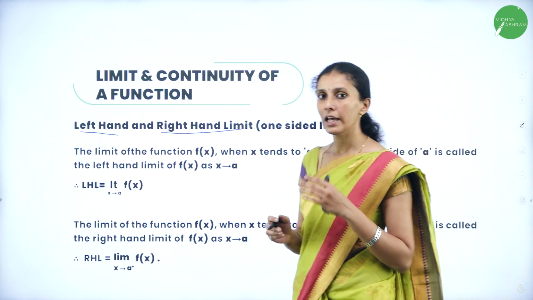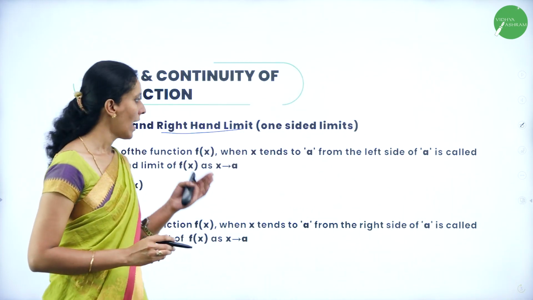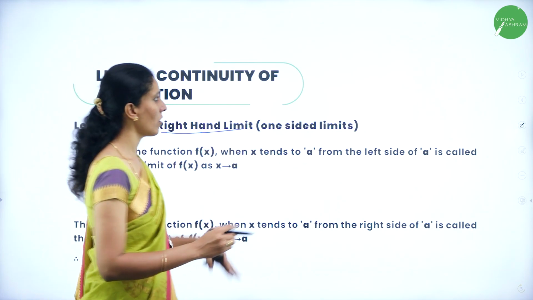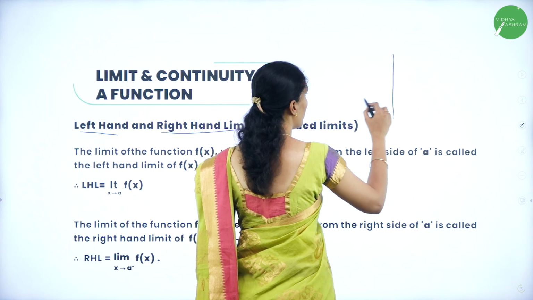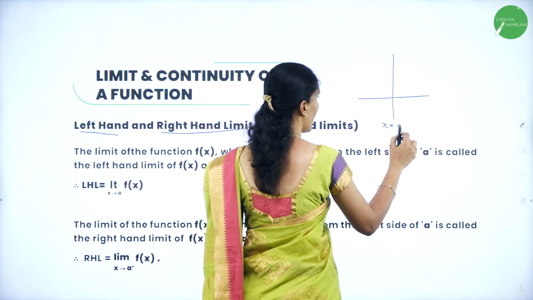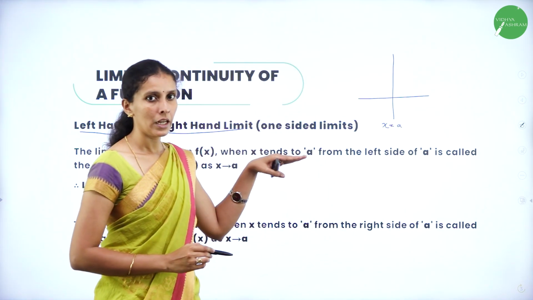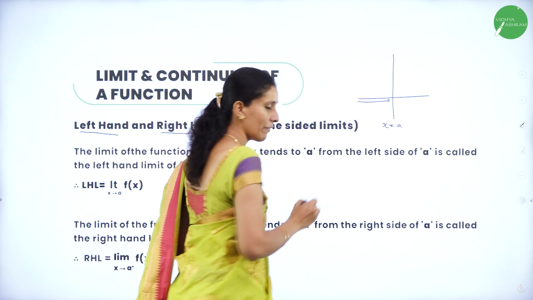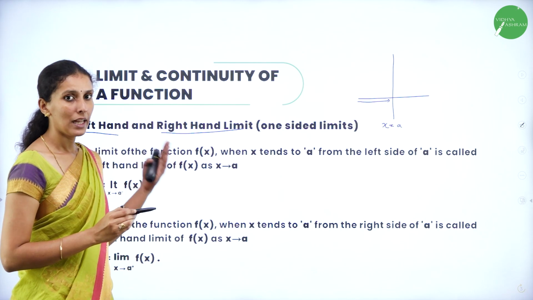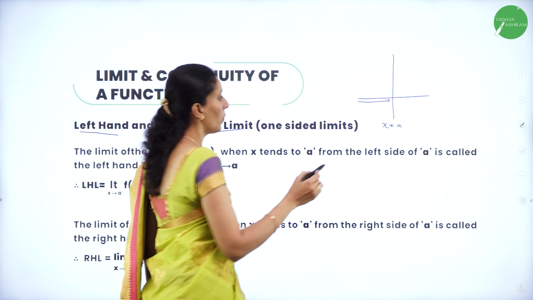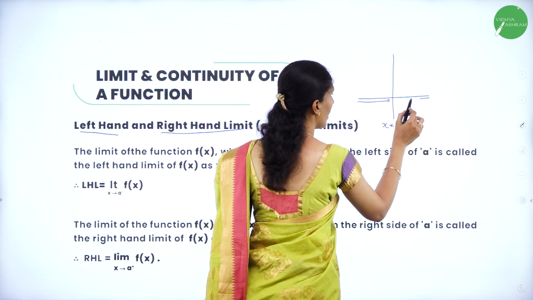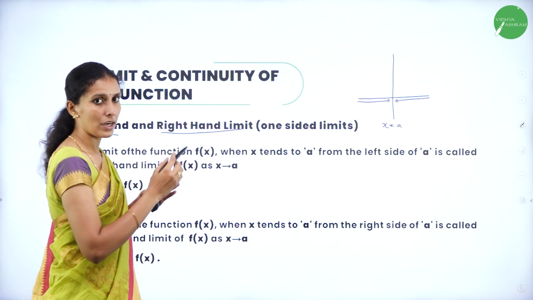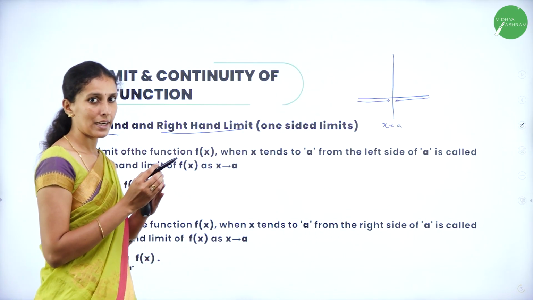So, a left hand limit is the limit as x tends to a from the left side of a. I already said if you have a point at x is equal to a, when you are approaching the value of x nearer and nearer to a from the left side, we call it a left hand limit, and when you take x tending to a, a very little value approaching near to a from the right side, we call it a right hand limit.